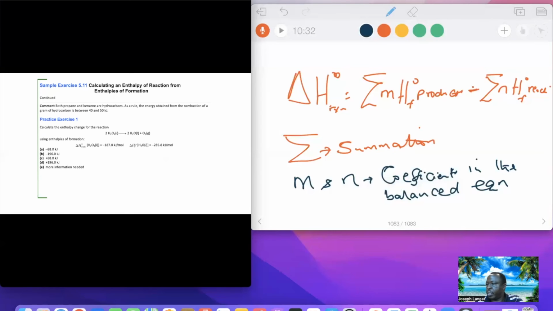Here is another example on how to find the enthalpy of reaction. For that, this is what you will need to do.